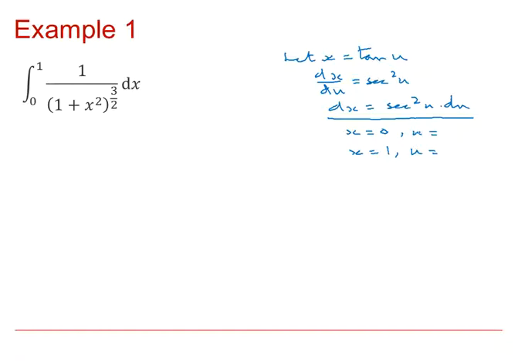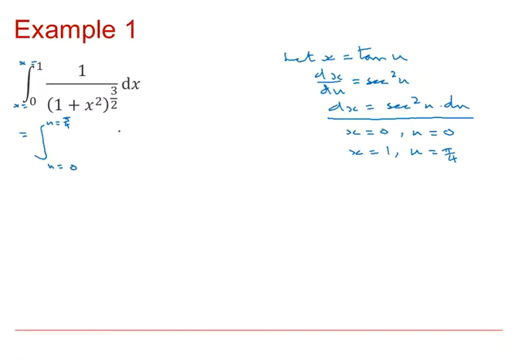So when x equals 0, tan u is nothing and u is nothing, and when x equals 1, tan u equals 1 and u equals pi by 4. Some people like to put x equals on the original limits as a reminder that the new limits are going to be u equals pi by 4 and u equals 0.